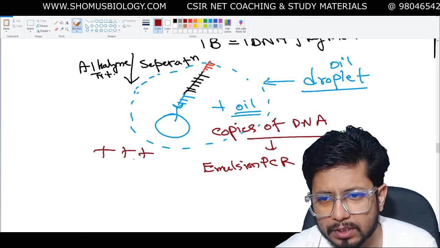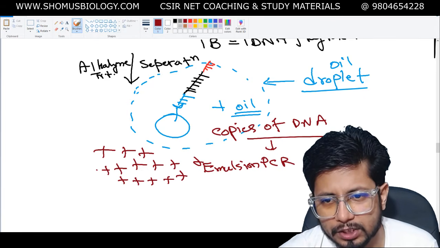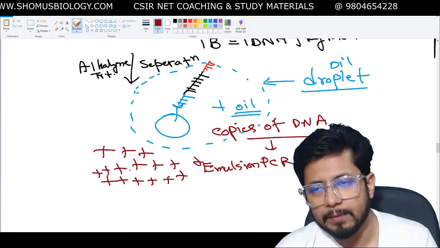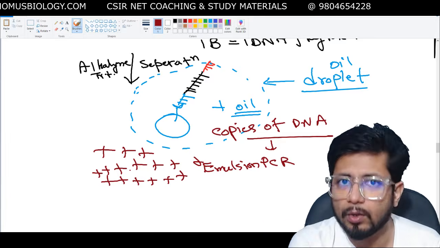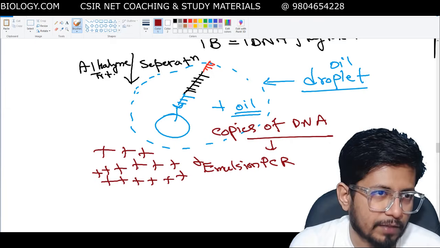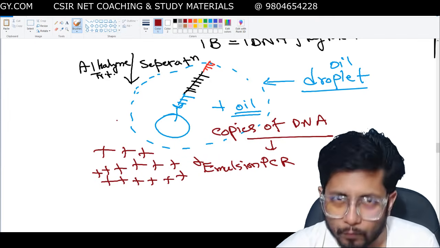So a huge number of copies of the same content is created with the help of our emulsion PCR. That's why the PCR is done, to make more and more copies, because when we start working with a fragment of the DNA, we want multiple copies of that same fragment, and to achieve that we use the emulsion PCR. Once that is done, we will use wells of a plate.